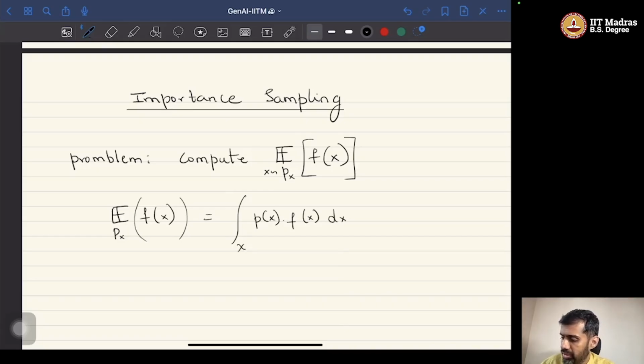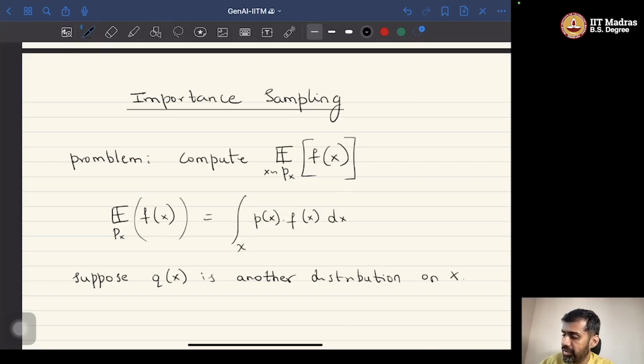Now suppose qx is another distribution on the same random variable x.